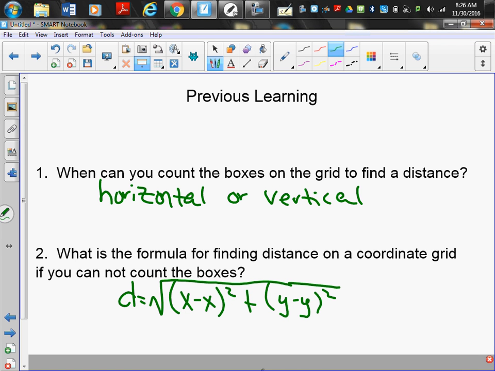Perfect. If you don't have that memorized, you need to be writing this down every time, because when you write it down, it helps you memorize it.